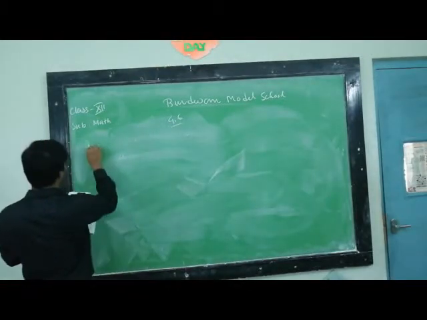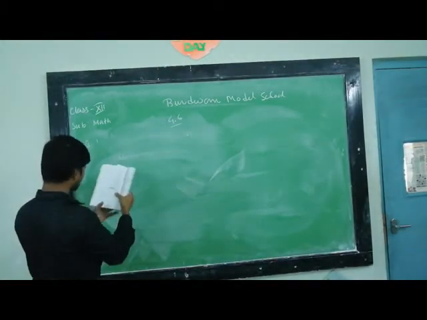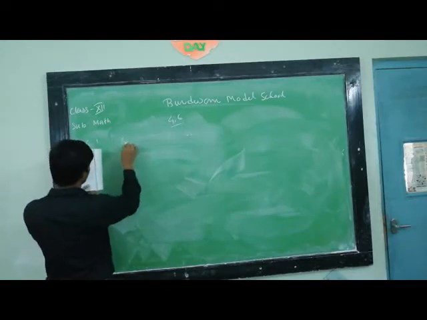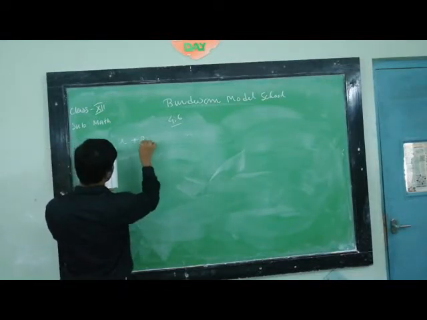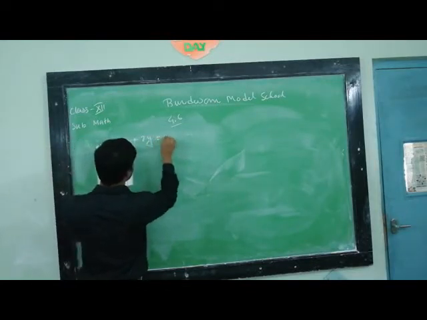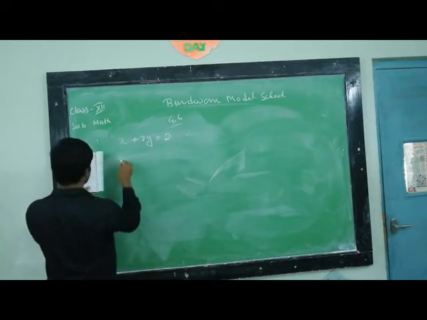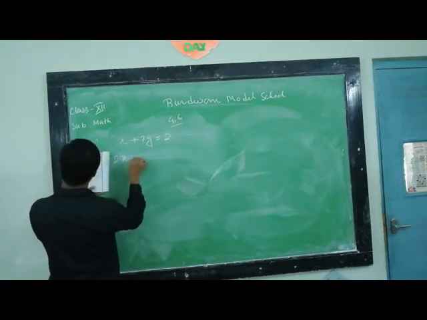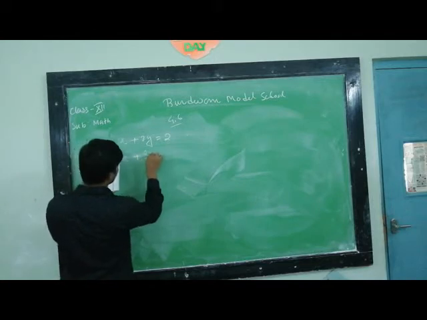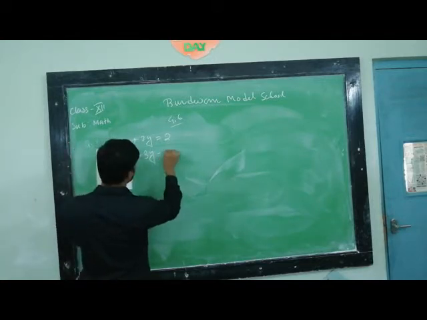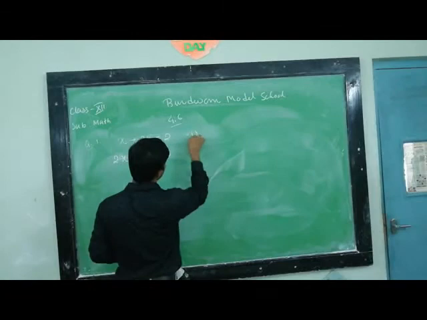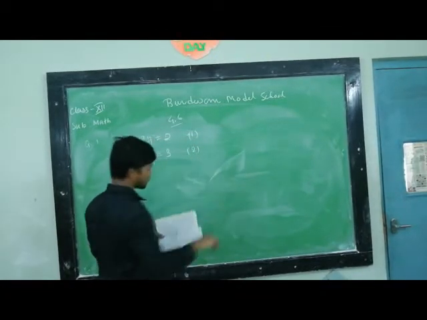Question number 1 of 4.6: x + 2y = 2 and 2x + 3y = 3. So this is equation number 1 and this is equation number 2.